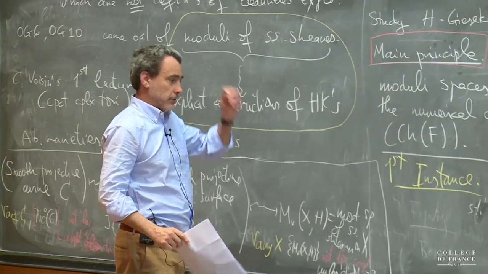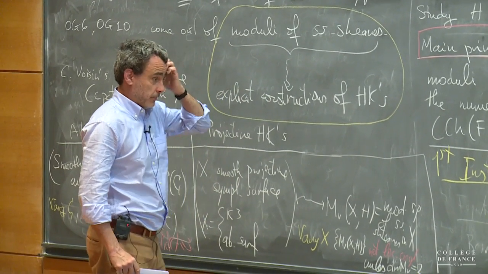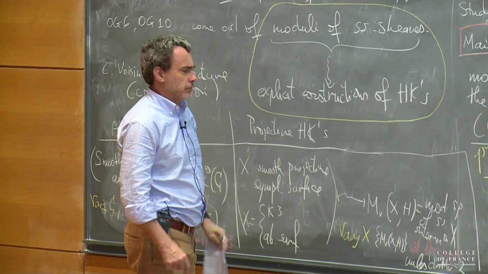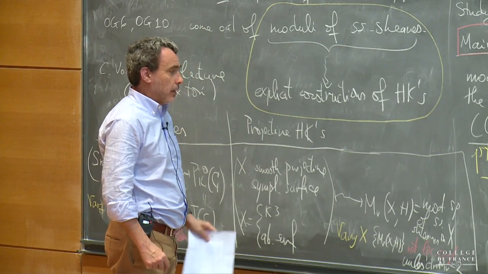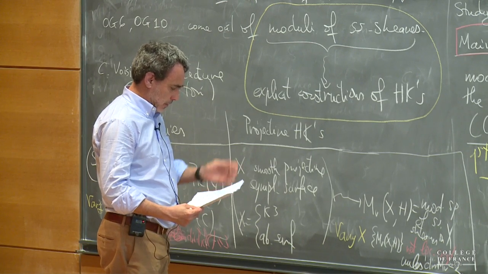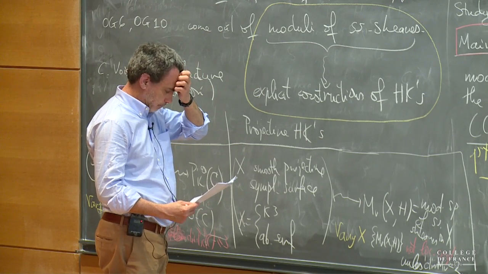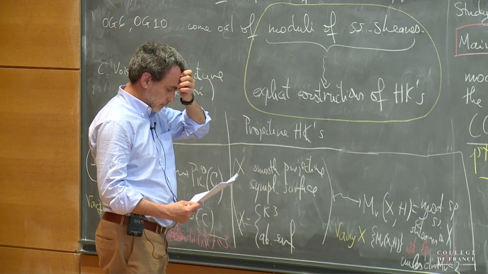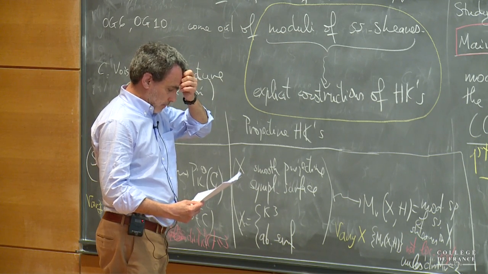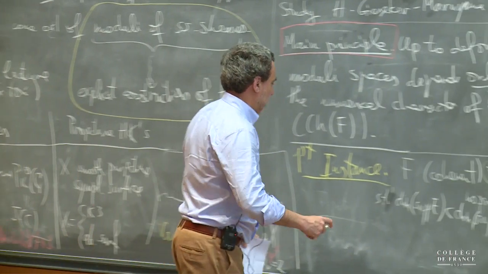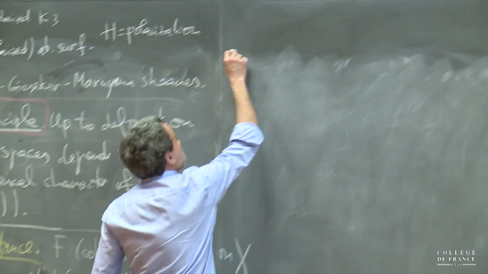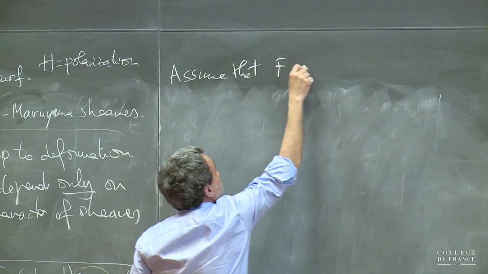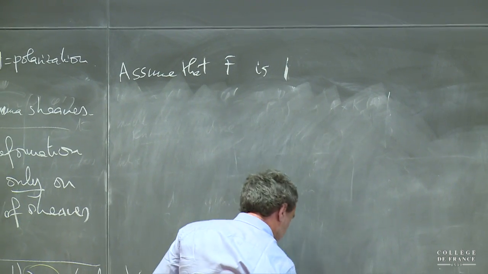So we'll see at the end some instance of this. In particular, torsion-free sheaves. So let's say we have such a sheaf F on X, and assume that F is H-stable.